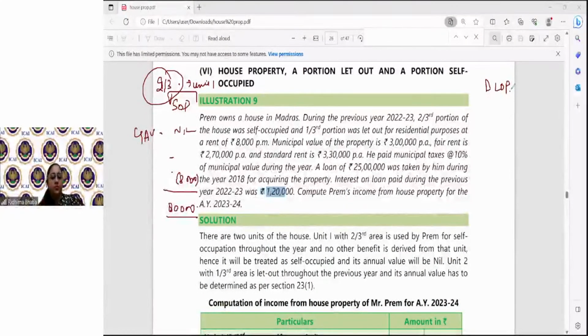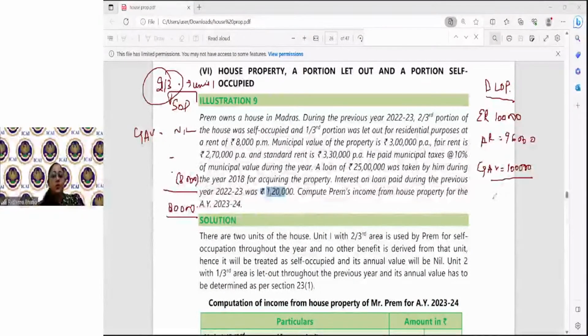The expected rent for the 1/3 portion would be 1 lakh. Actual rent is 8 into 12, 96,000. What is my gross annual value? My gross annual value is 1 lakh.